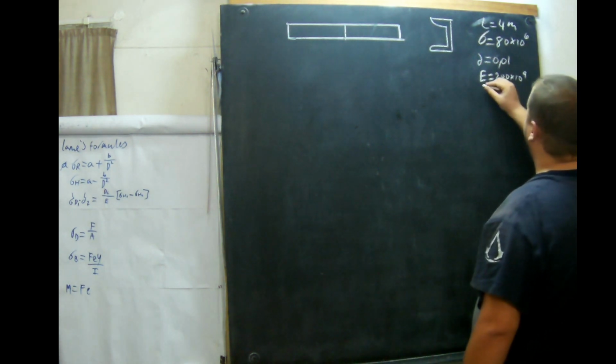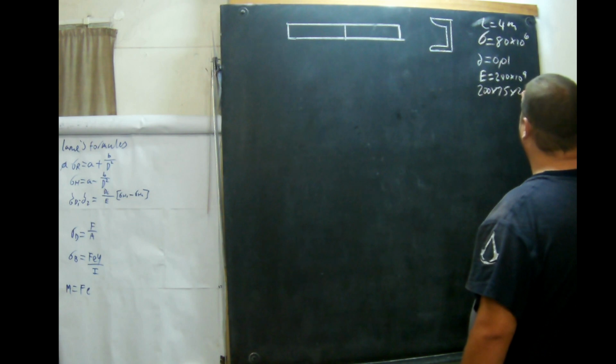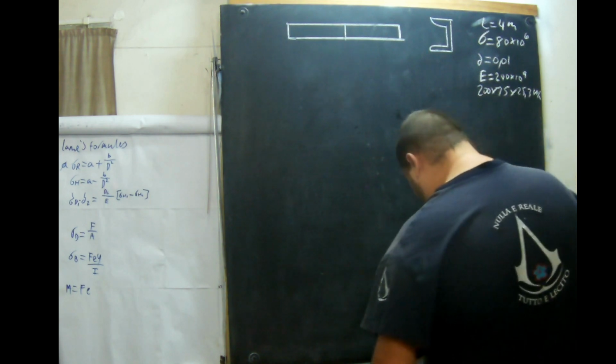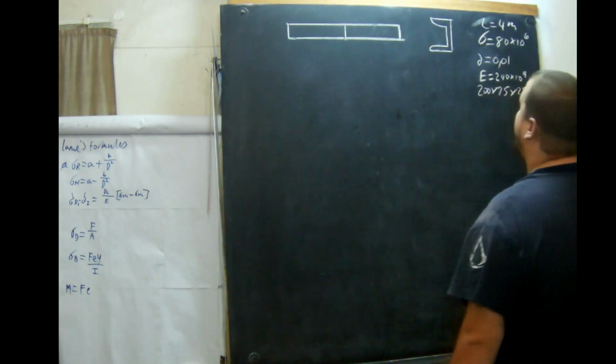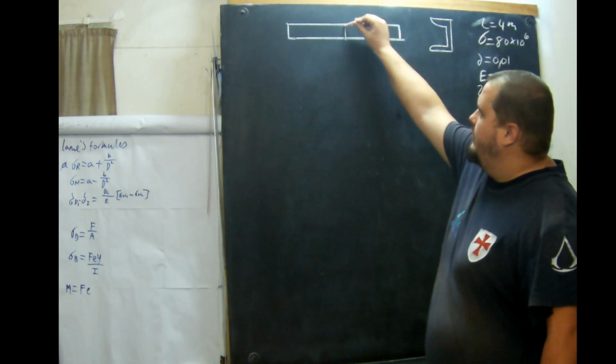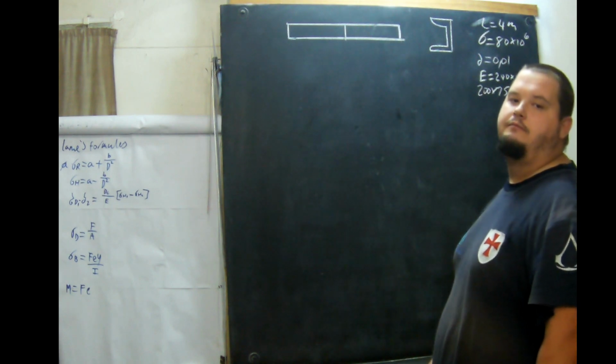And our channel profiles are 200 by 75 by 25,3 kg per meter. Toe to toe means that both sections are welded end to end. It's a butt weld, basically.